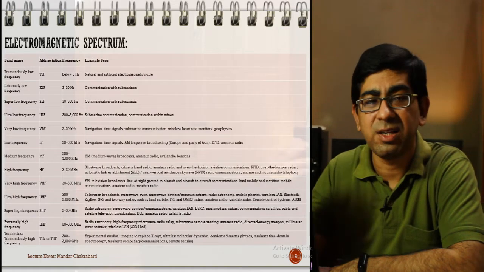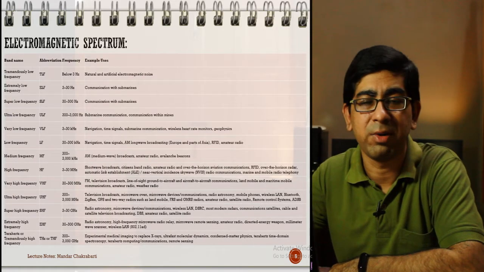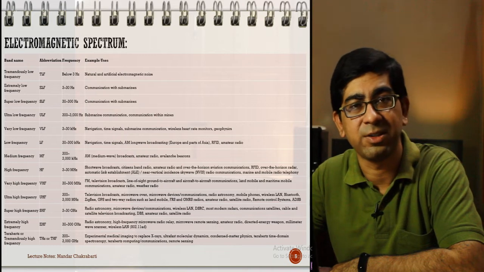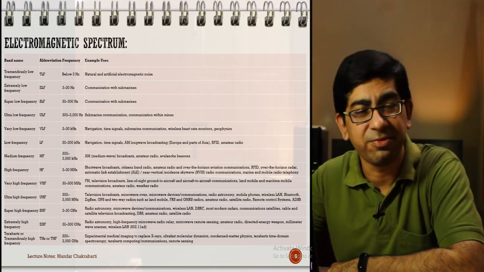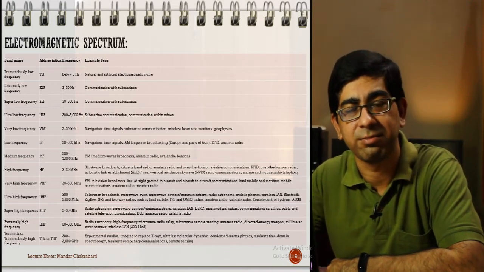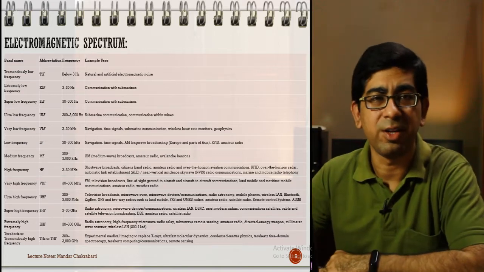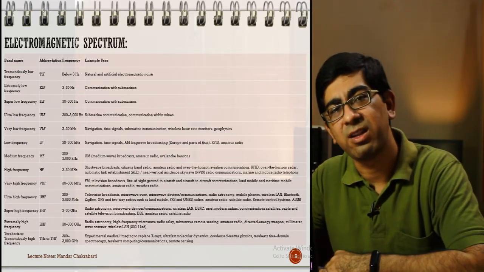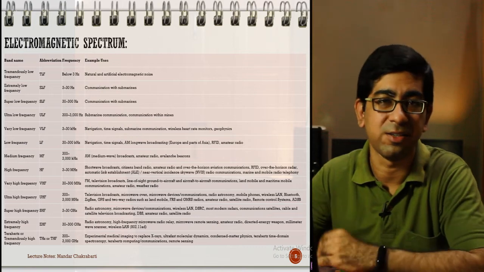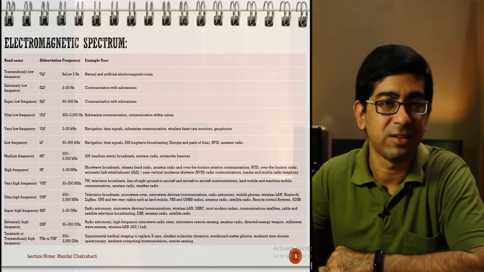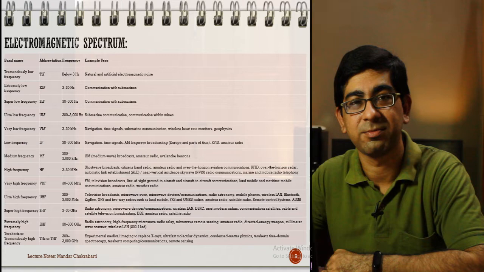Now, this table illustrates some more applications of the frequencies of the electromagnetic spectrum. Feel free to pause the video at this point if you want to take a closer look at these different applications and the different frequency ranges.